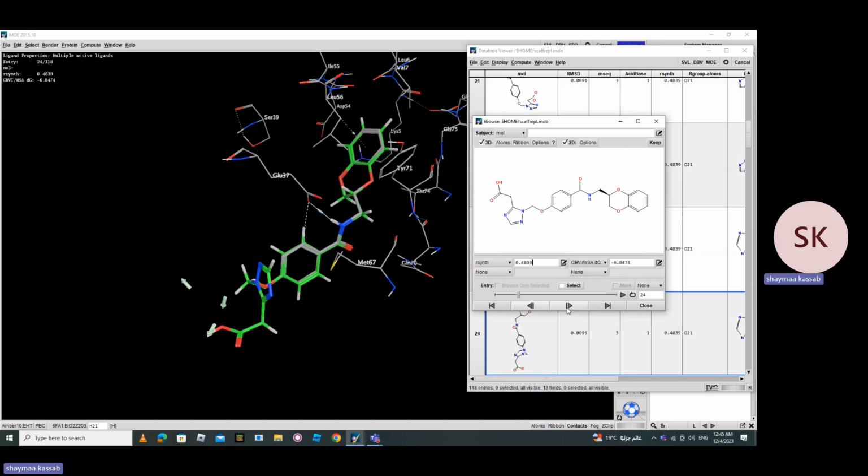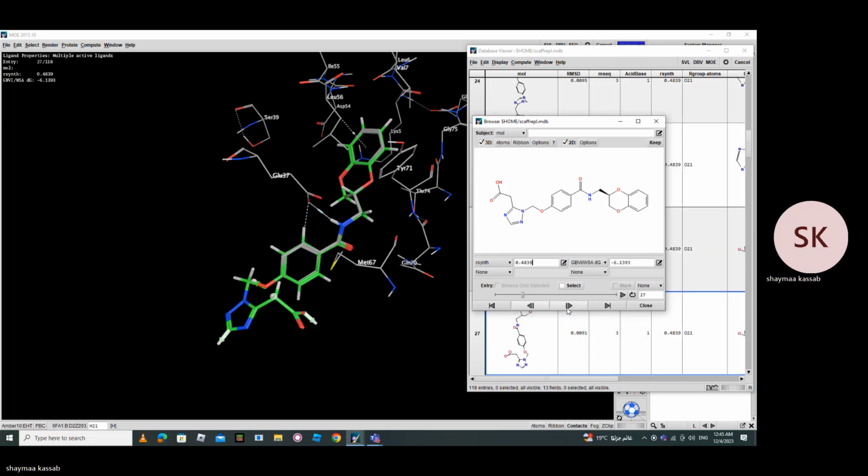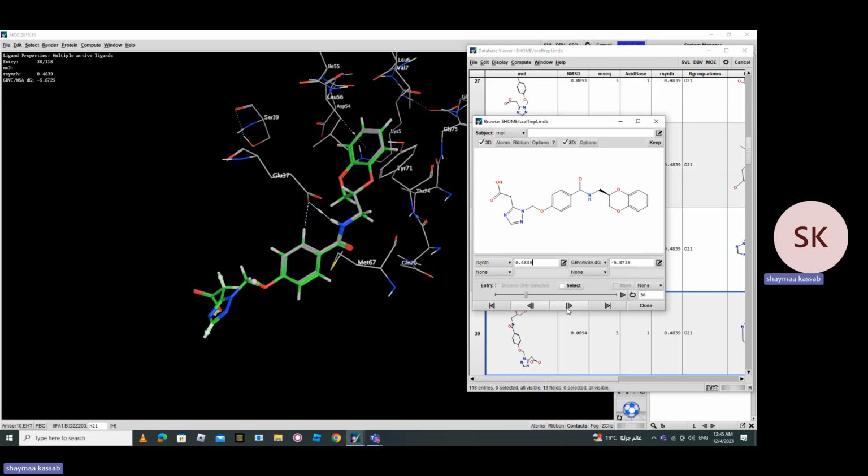Let's check also for the other filters. I look forward to seeing a developed compound which is able to form a hydrogen bond with serine 39.